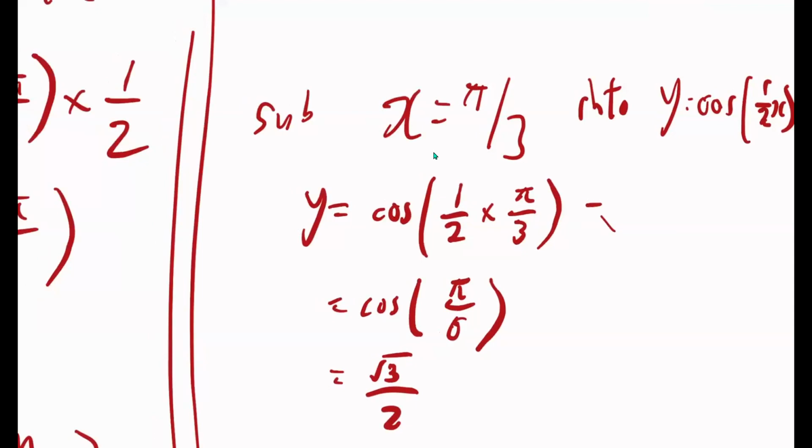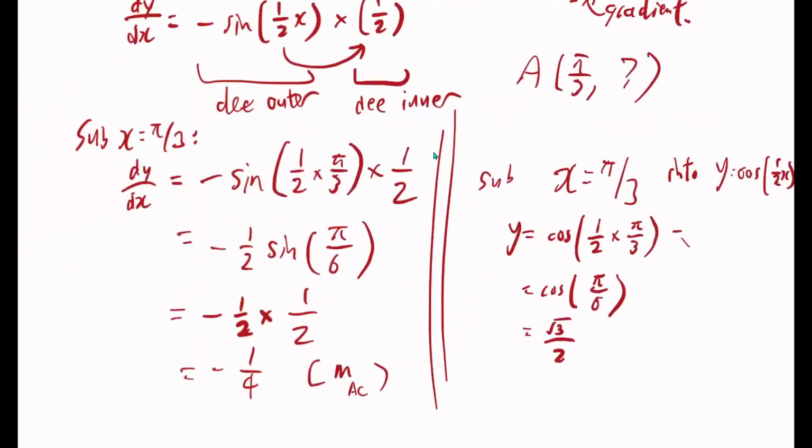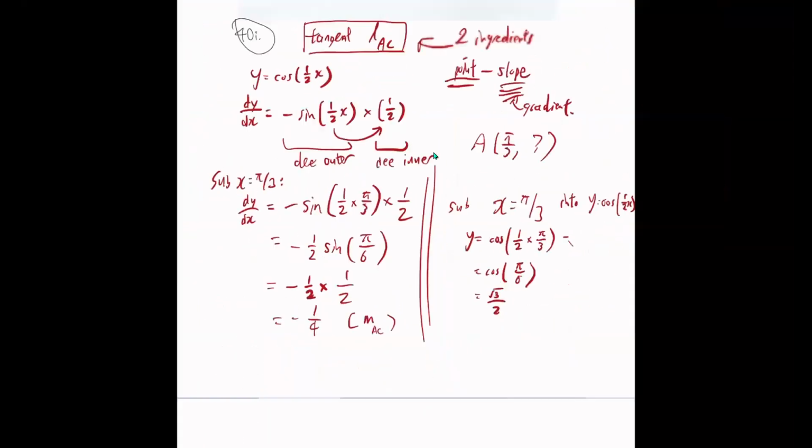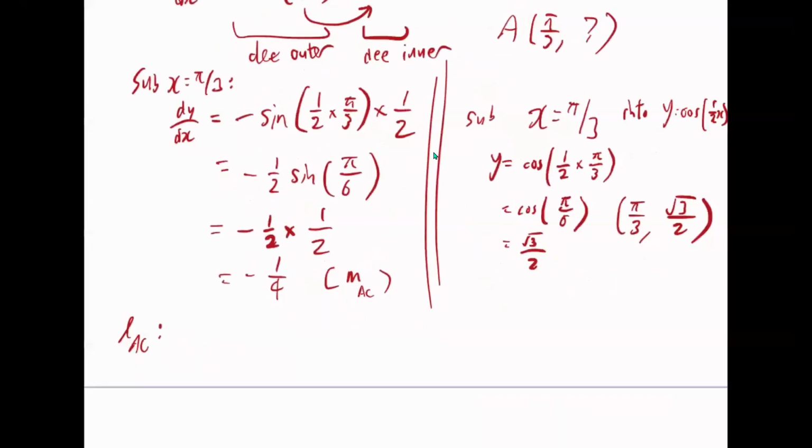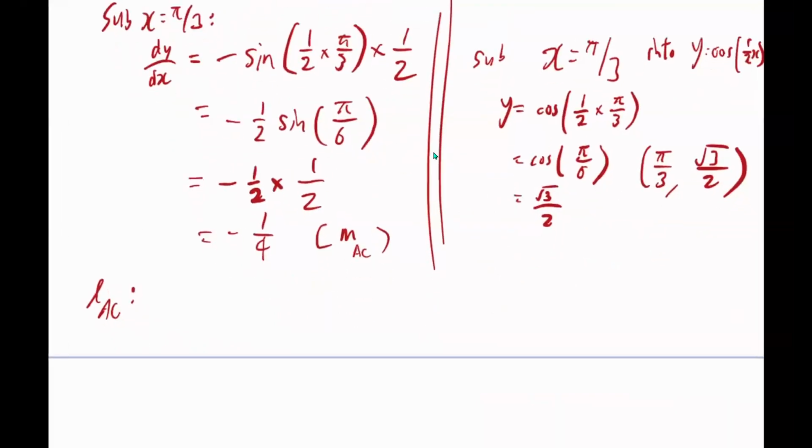So now we have a point, pi over 3, comma root 3 over 2, we can figure out the equation of the line LAC. It becomes y minus the y coordinate equals m, the negative 1/4, times x minus the x coordinate, pi over 3. Point-slope formula.